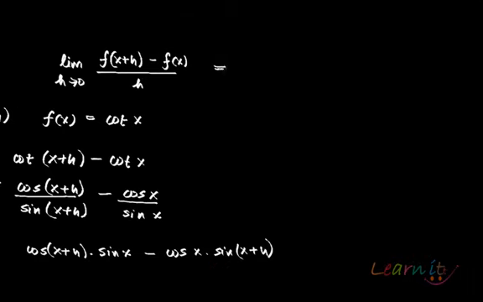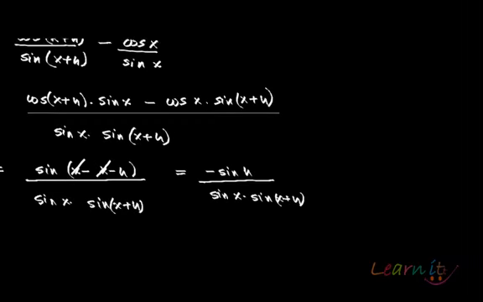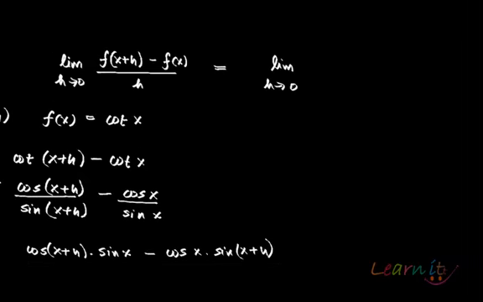So this is the limit of h tends to 0, and this you have seen here: minus sine h upon sine of x into sine of (x plus h) into h.